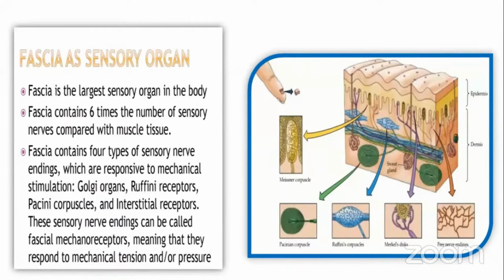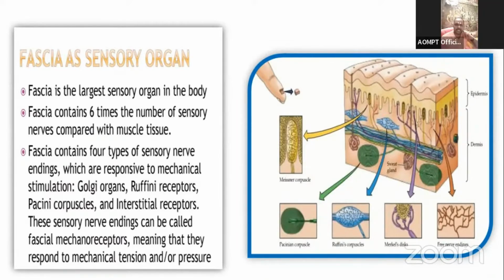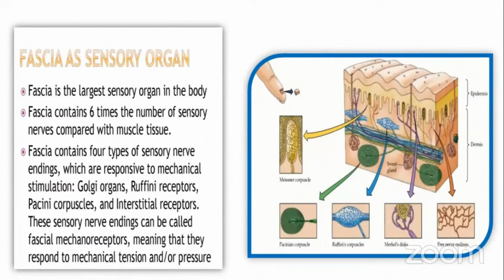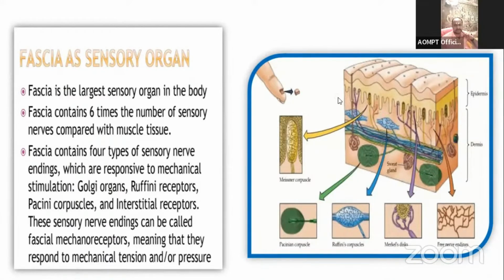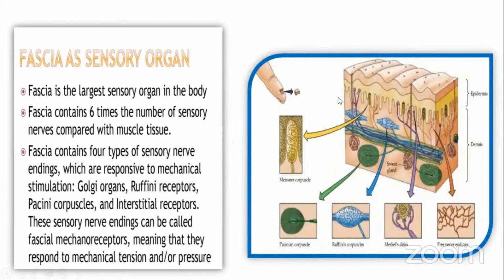Collagen is for strength and elastin is for elasticity, flexibility, because it can move like rubber. Collagen cannot move like rubber easily. Okay. Go ahead. Now we understand.